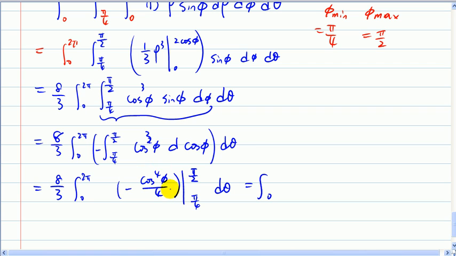What's common is a scalar value, and you get 1 over 16, and this whole thing is 2 pi. So overall you end up with pi over 3. That's how you get this one using spherical coordinates.